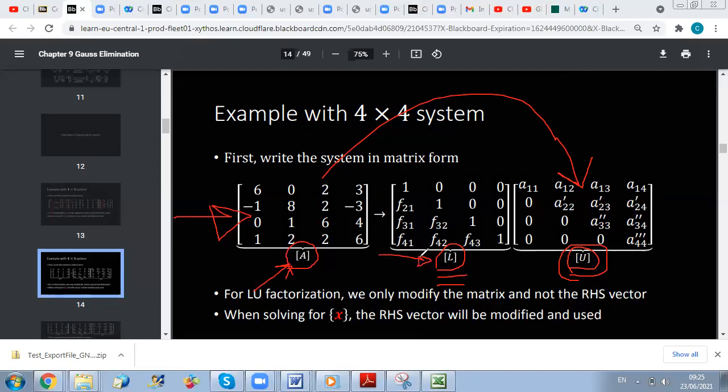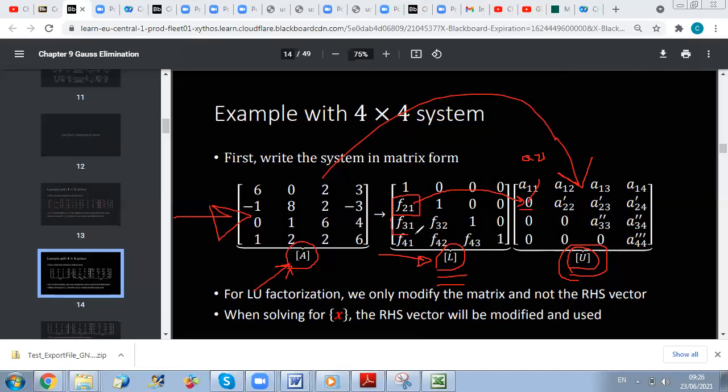We can prove, and it's very simple to prove, that when you perform forward elimination, you will calculate factors. F21 is the factor used for forward elimination of the term A21. When performing forward elimination, we replace it by 0.